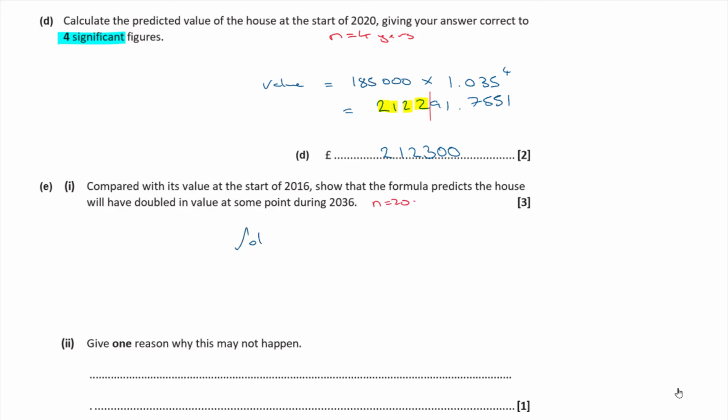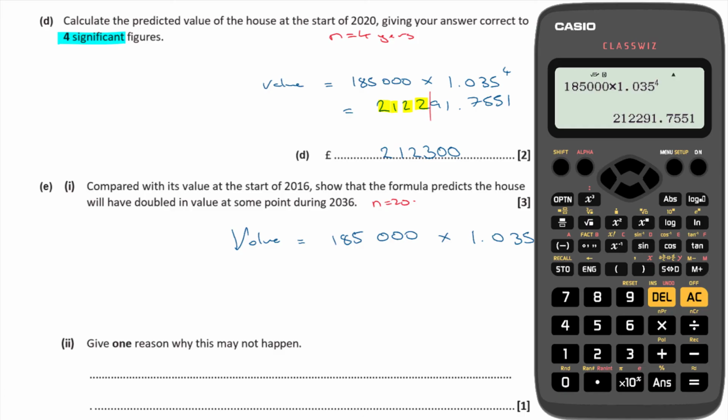So the value is going to be 185,000 times 1.035 to the power of 20. So what's that then? Let's just change that power of 4 to a power of 20.